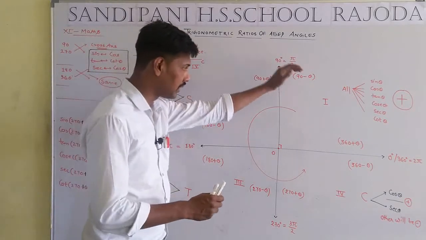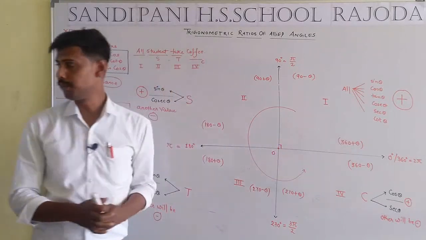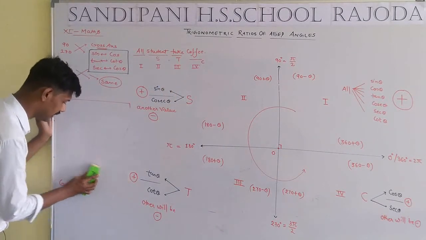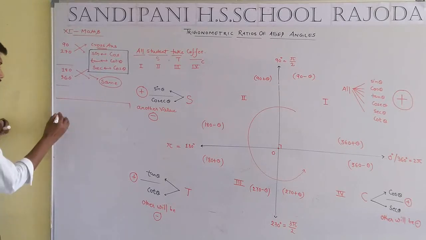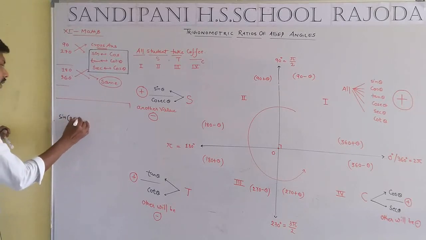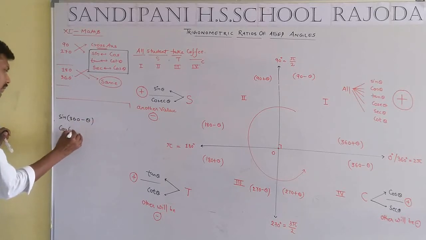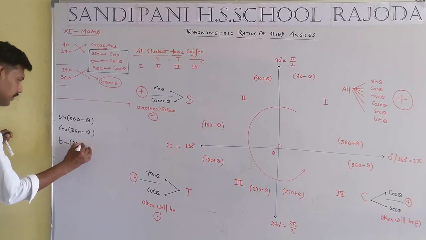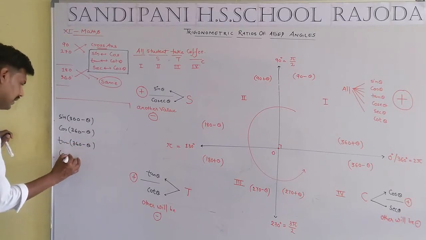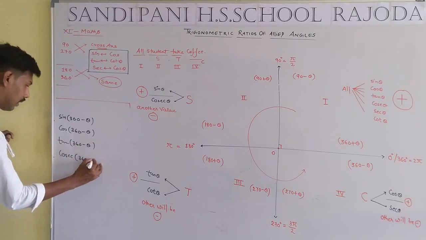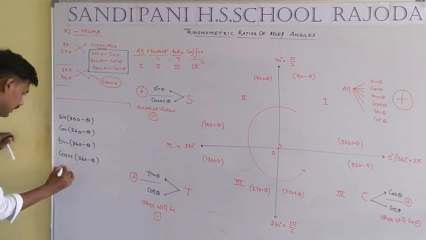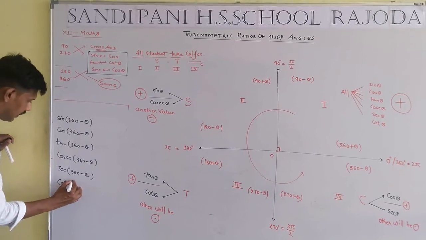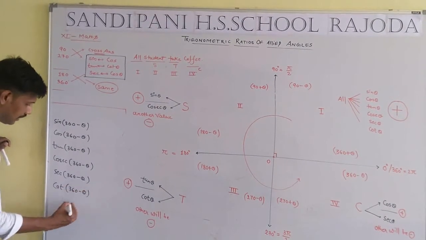Now we are moving with the 360 minus theta, then 360 plus theta. Formulas of 360 minus theta: sin 360 minus theta, cos 360 minus theta, tan 360 minus theta, cosec 360 minus theta, sec 360 minus theta, cot 360 minus theta.